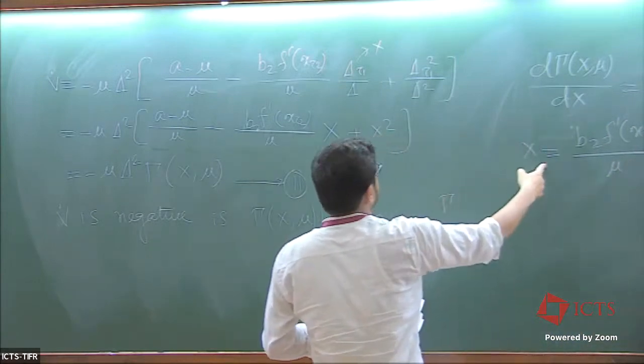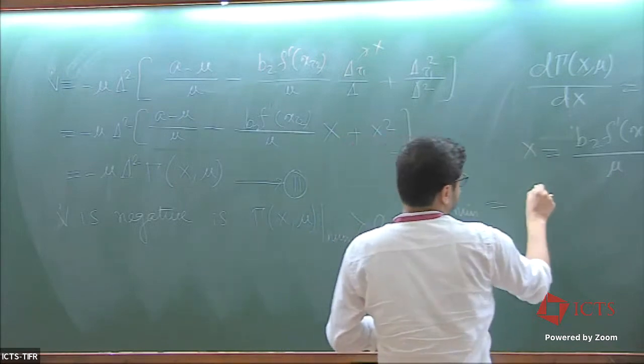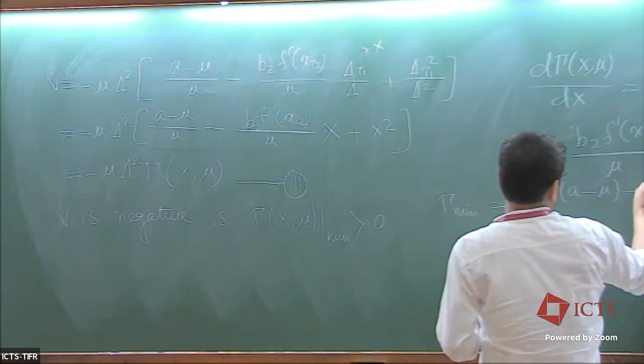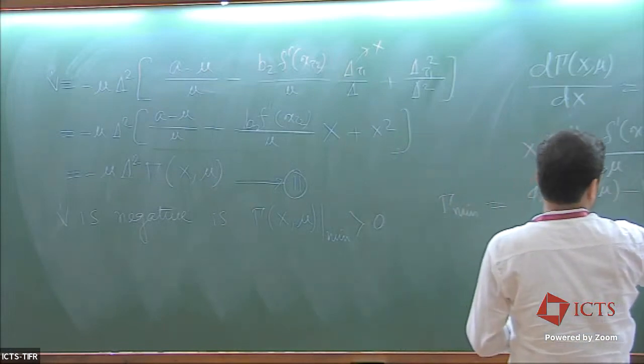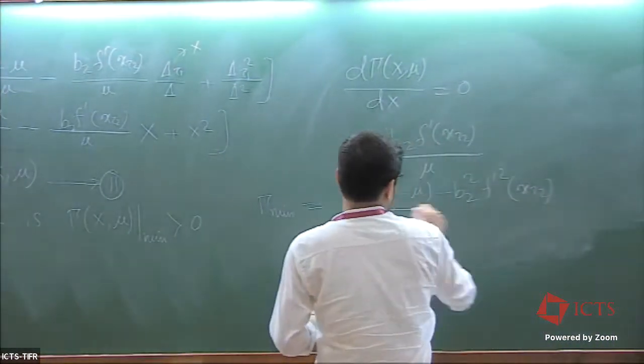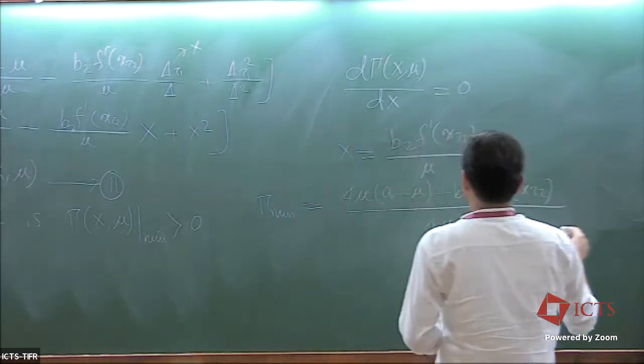Substituting this in gamma, gamma min reads 4 mu a minus mu minus b2 square f prime square x of tau 2, divided by 4 mu square. Suppose this one is equation 12.